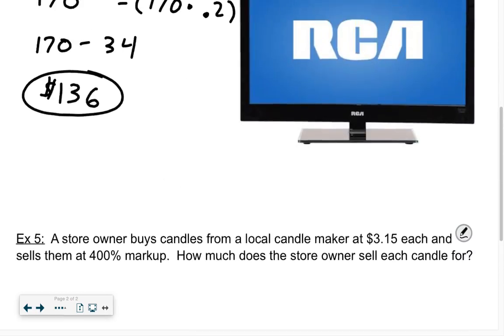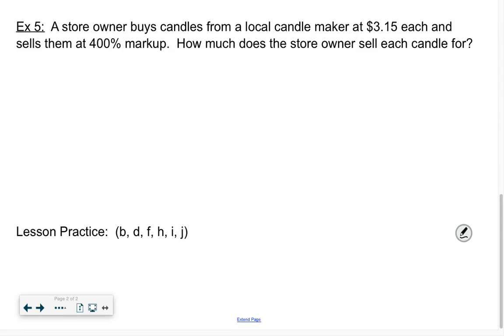Template again. It was the original plus the markup. The original price we know, that's the $3.15.